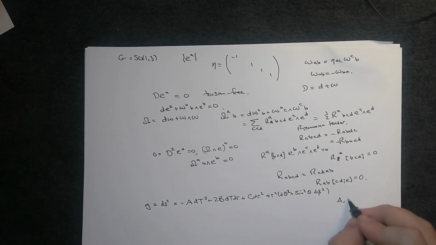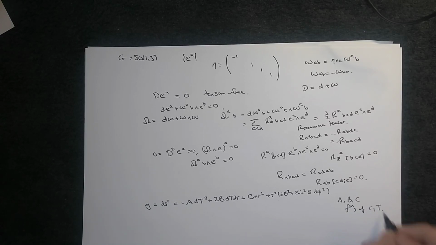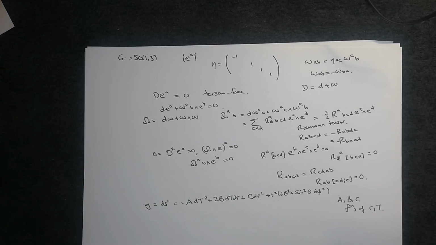Here a, b, c are functions of r and t. So this is the general form for a spherically symmetric space-time. r is the radial coordinate such that the surface area of a sphere of radius r is given by 4 pi r squared. That determines the r coordinate.